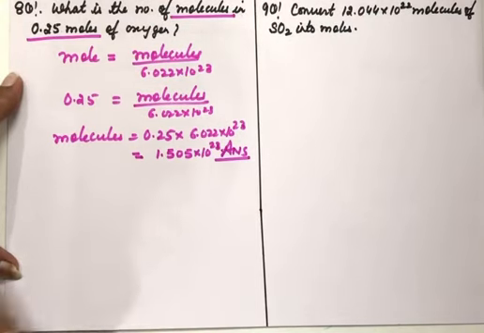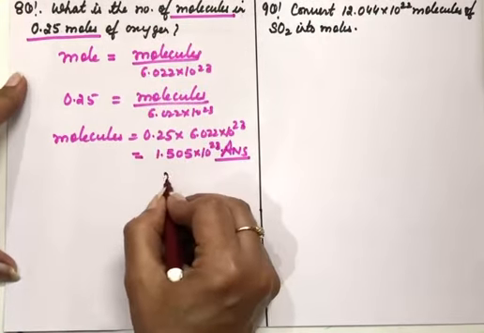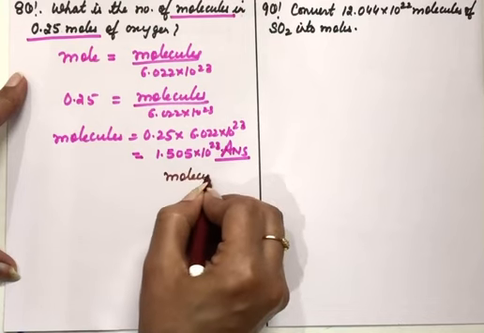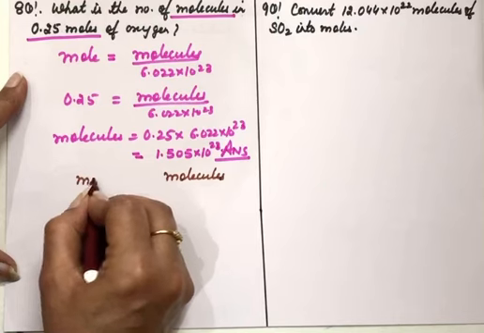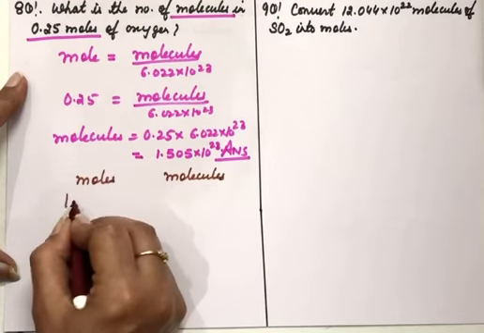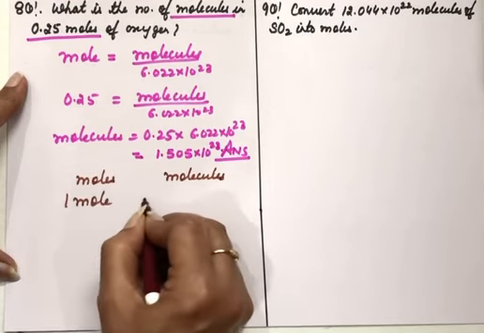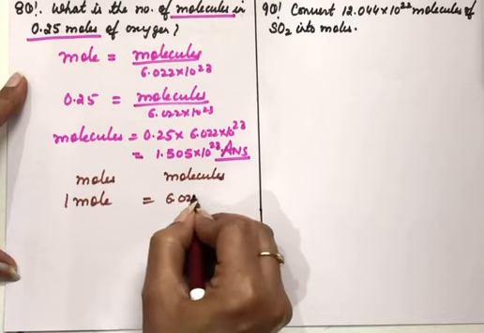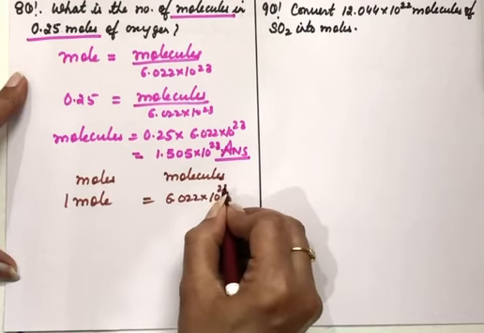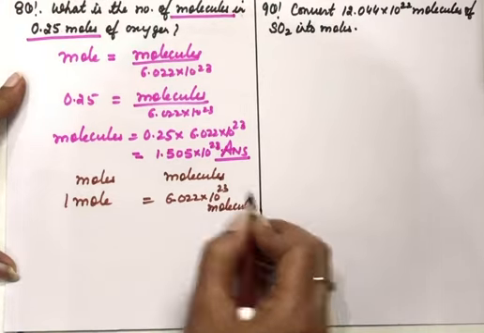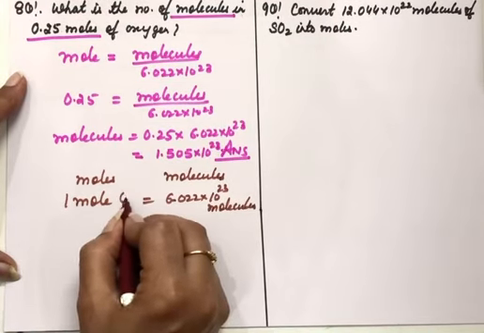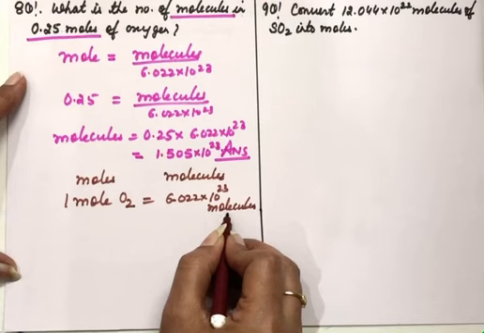So this is using the formula. Now the unitary method. Molecules we need to find out, so molecules will come on the right hand side in the unitary method, and moles are given, so moles will be on the left hand side. And we know 1 mole is always equal to how many molecules? Always equal to Avogadro number of molecules. Since here oxygen is mentioned, 1 mole oxygen is equal to these many molecules.